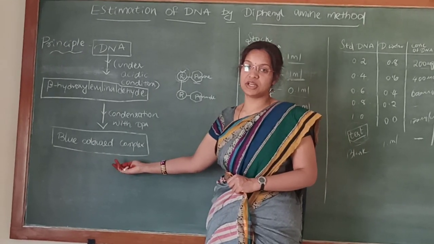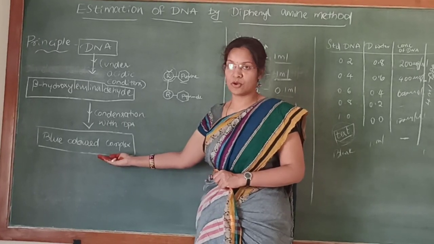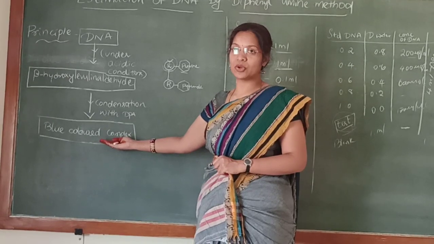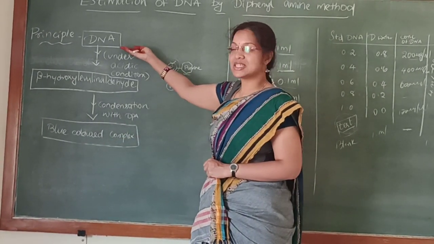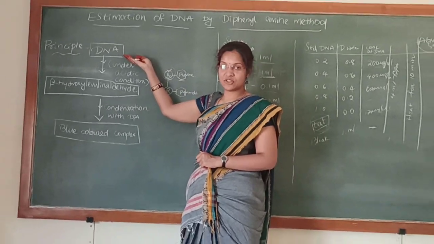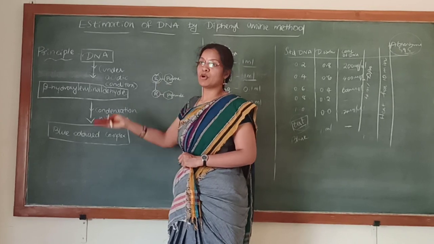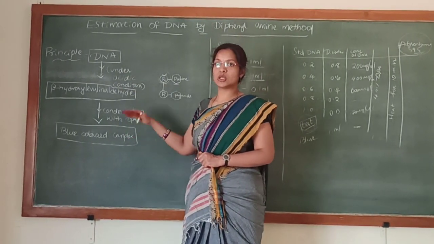So 595 nanometer is the absorption maxima for the blue colored complex, because the more intense the blue colored complex, the more DNA is present. The less its intensity, the less DNA. I think you understood this logic.